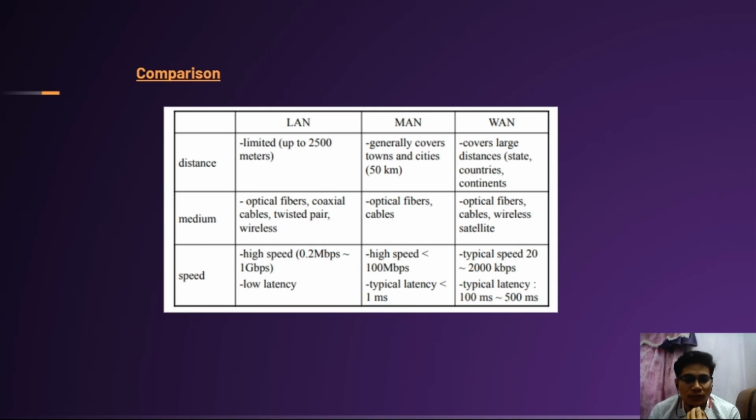For the medium, LAN uses optical fiber, coaxial cable, twisted pair and wireless, and MAN uses optical fiber and cable, and WAN uses optical fibers, cable, and wireless satellites. For the speed, LAN is between 0.2 Mbps to 1 Gbps, and for the MAN, below 100 Mbps, and the last, WAN, is between 20 to 2000 kbps.